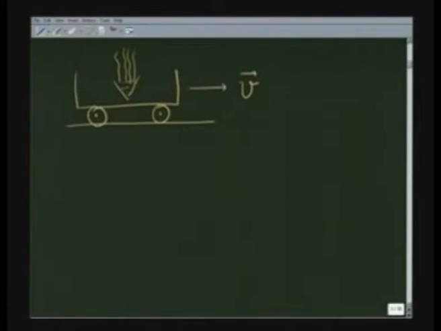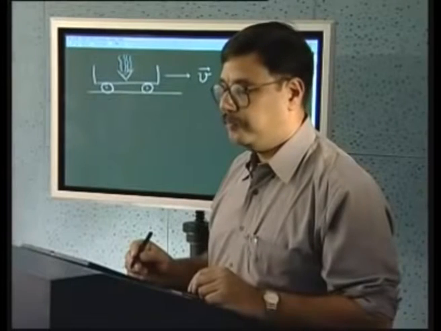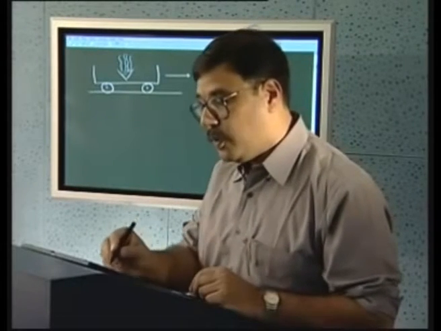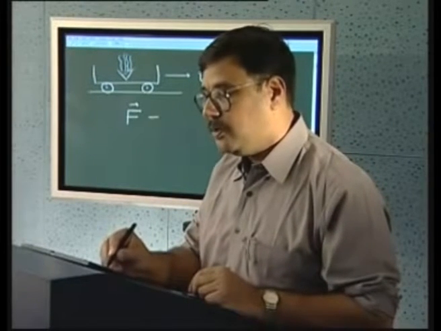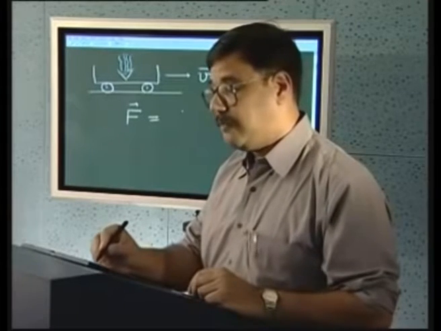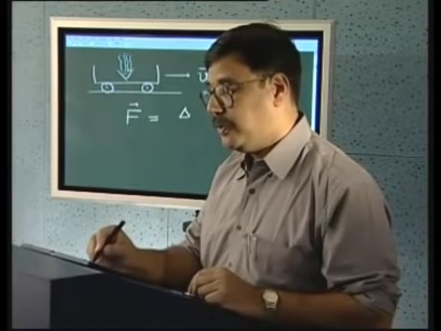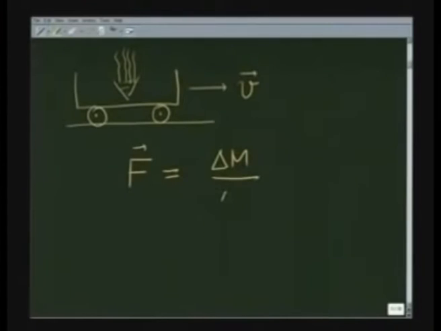You know from experience that the cart is going to slow down. In fact, if you want to keep it moving with the same speed, you would have to apply a force, and that force is going to be proportional to the rate of change of the mass of this cart times v. On top of it, if the velocity changes, I have to apply more force.